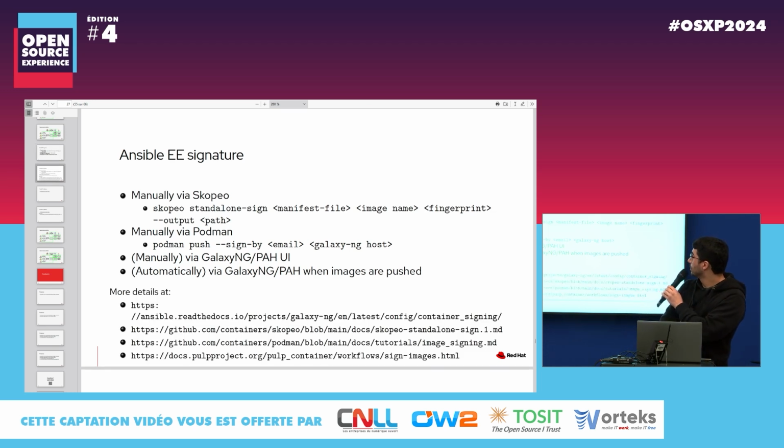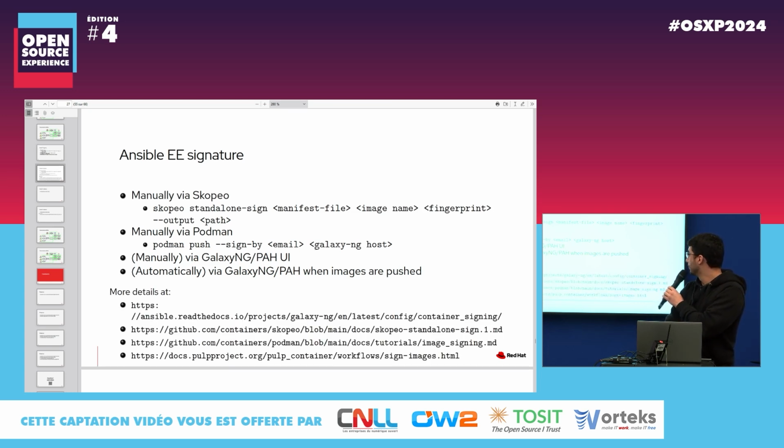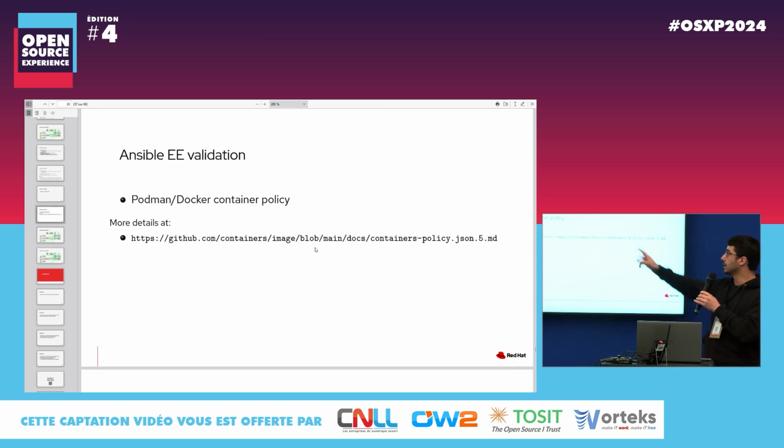So the way to do it is, since the execution environments are standard containers, so Docker containers, Podman containers, whatever you want to call them, we can use standard tooling for containers to do that step as well. And you can have more details there. And also, to do the validation is exactly the same. We can use the Podman or Docker policy, where basically we instruct the node only to execute containers that actually have been signed by a certain signature.